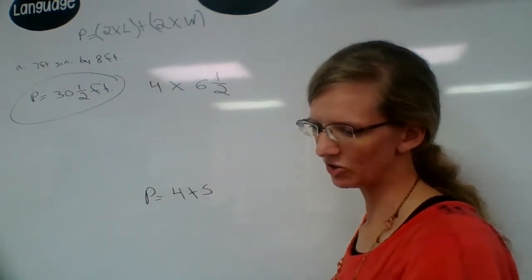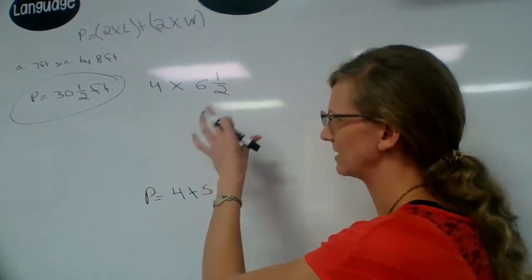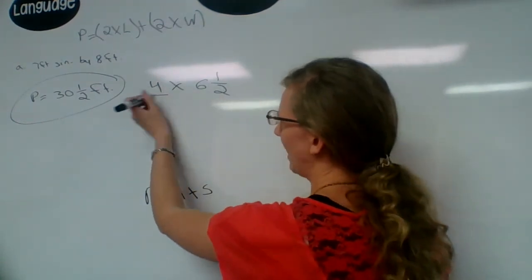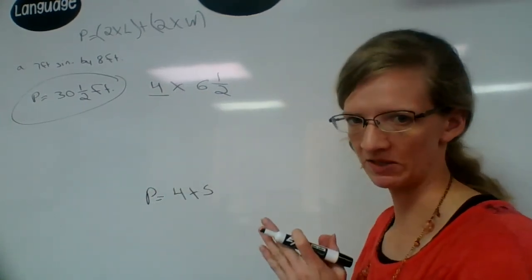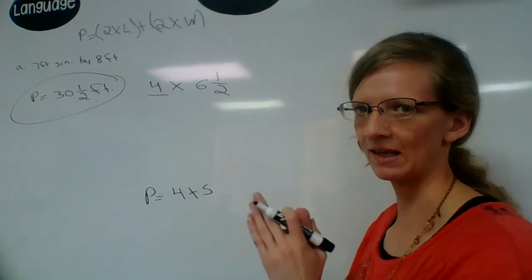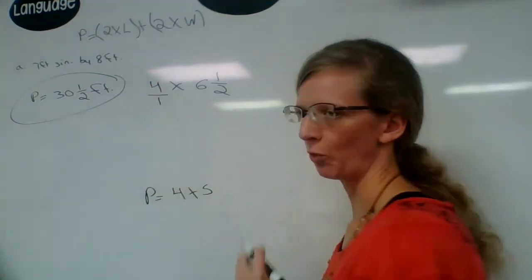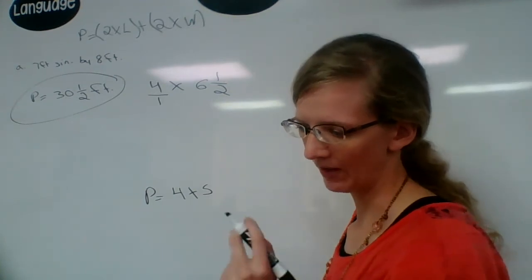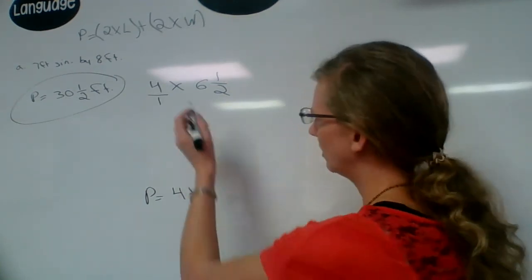Now the easiest way to do this, because instead of doing a half plus a half plus a half plus a half, make it into a fraction. Remember how we talked about multiplying a whole number times a fraction. You have to make it into a fraction. So make that into an improper fraction. 4 over 1. And then you multiply like you usually do. You want to make the next number also into a fraction. So 2 times 6 is 12, plus 1 is 13 over 2.